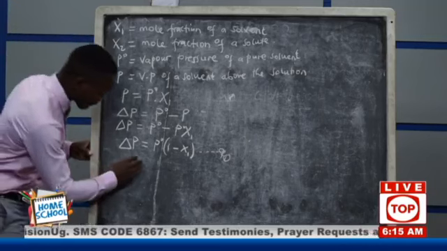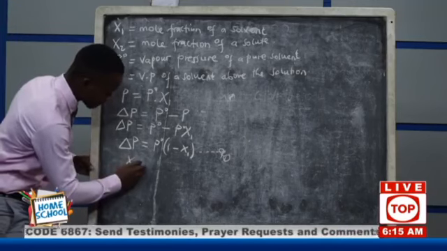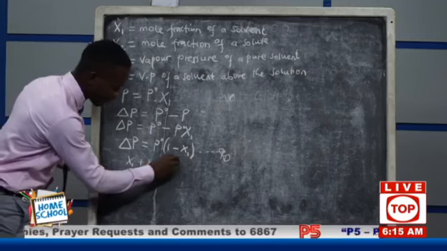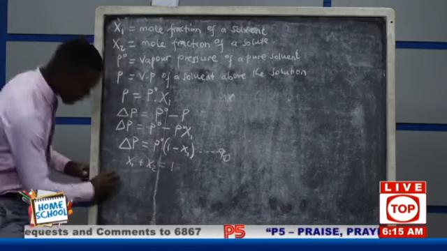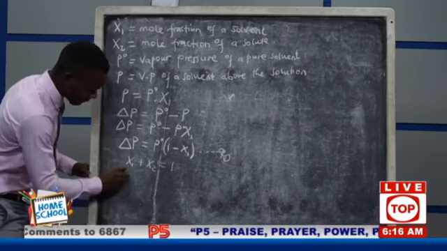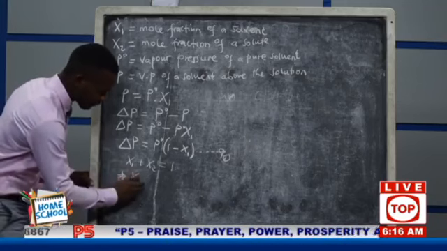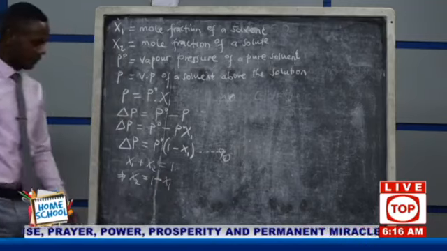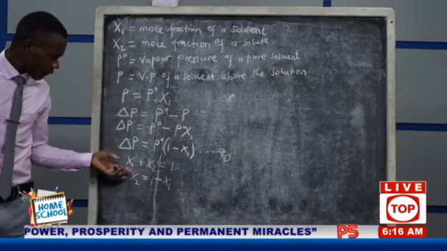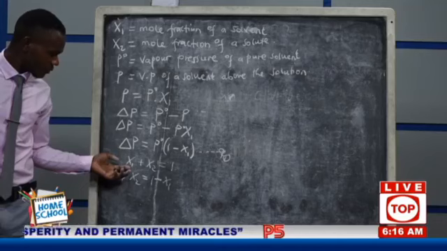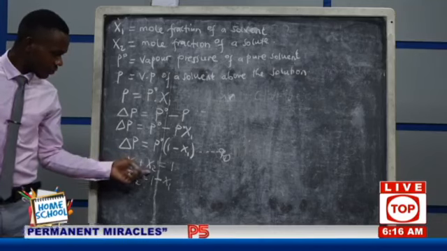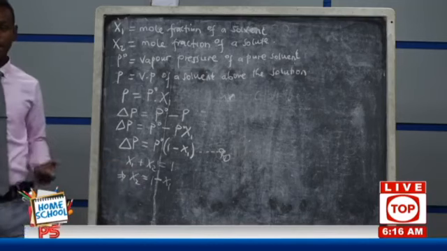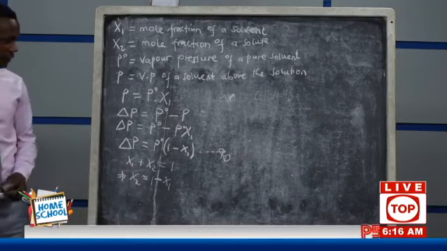That means x1 plus x2 gives 1. So x2 is equal to 1 minus x1. The mole fraction of the solvent plus the mole fraction of the solute gives 1, so the mole fraction of the solute can be got from 1 minus the mole fraction of the solvent.